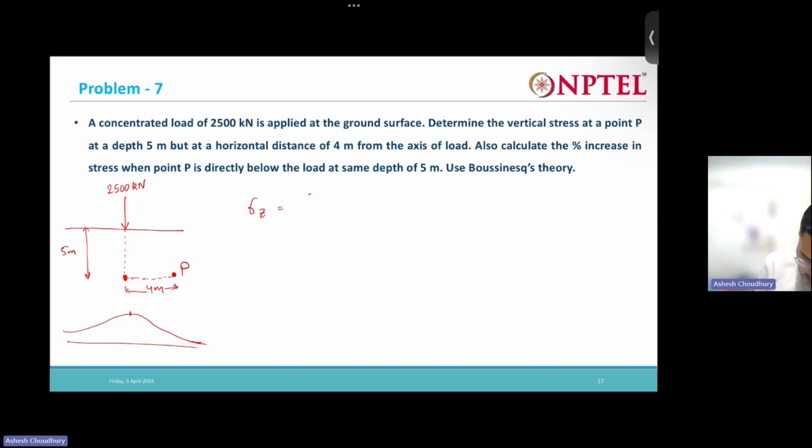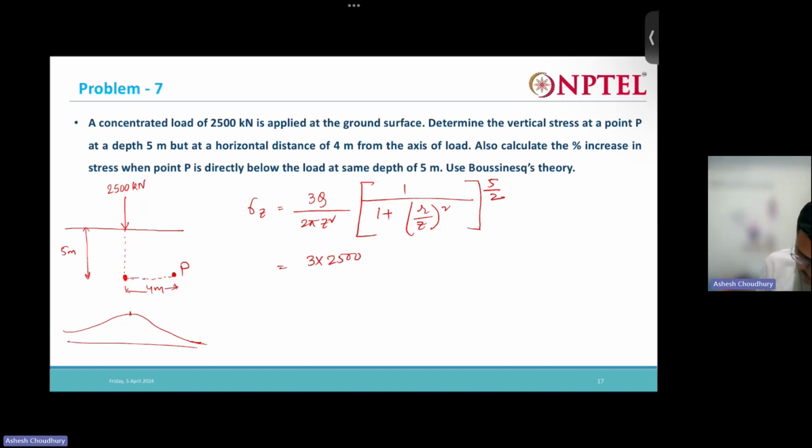The expression for sigma z is 3Q by 2 pi z squared into the factor, where r is 4, r is the radial distance, z is the depth.